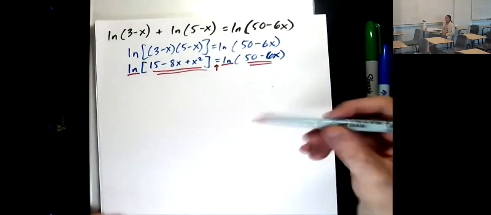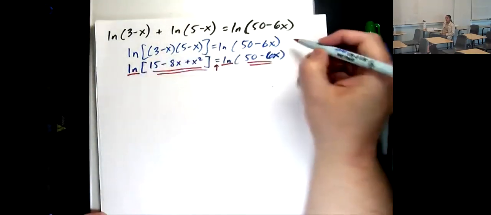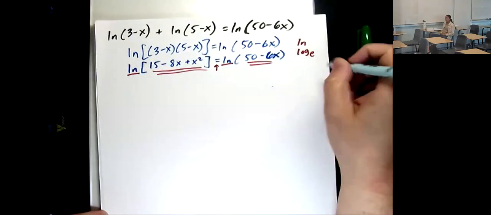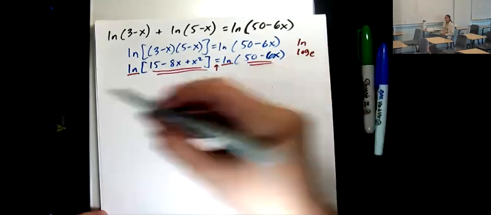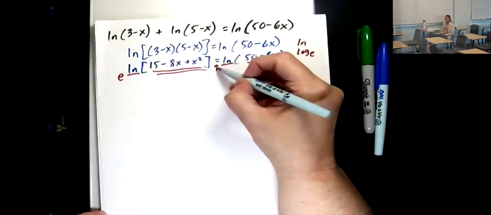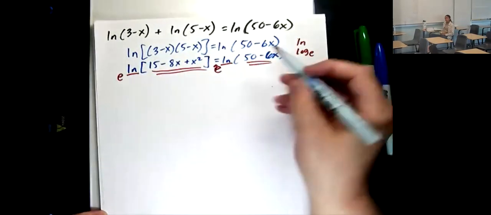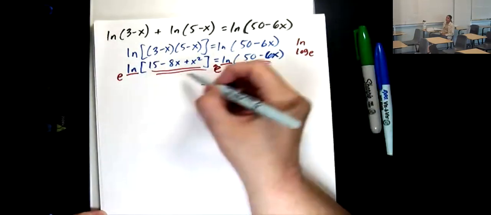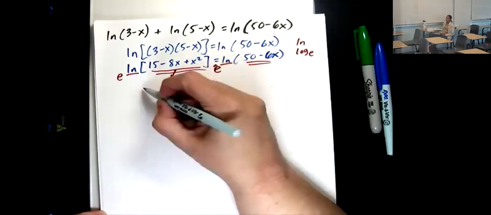The other option is raise both. Remember, natural log is the same thing as log base e. And we were saying whenever you have a log and a base, just raise both sides to that power. And when you do that, the e and the ln cancel out. And we're left with this, which I'll put in correct order now.